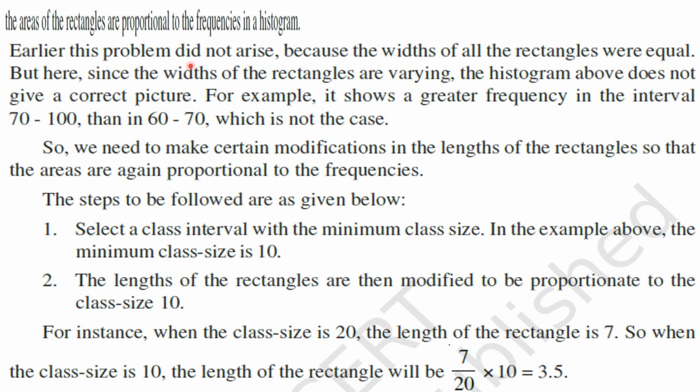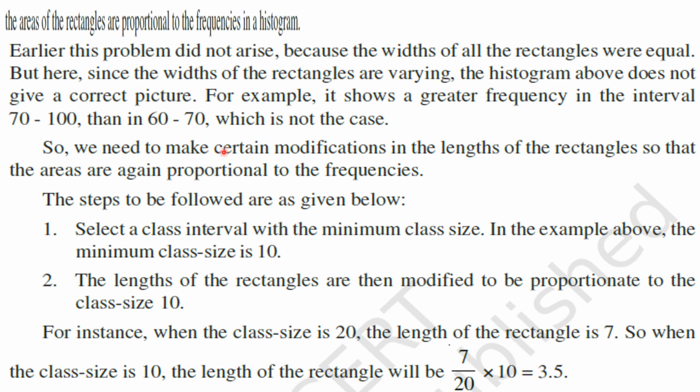Earlier, this problem did not arise because the widths of all the rectangles are equal, meaning the sizes of the class intervals are equal. But sometimes in a frequency distribution, they will give the class intervals with unequal sizes. In this case, how do we construct a histogram?